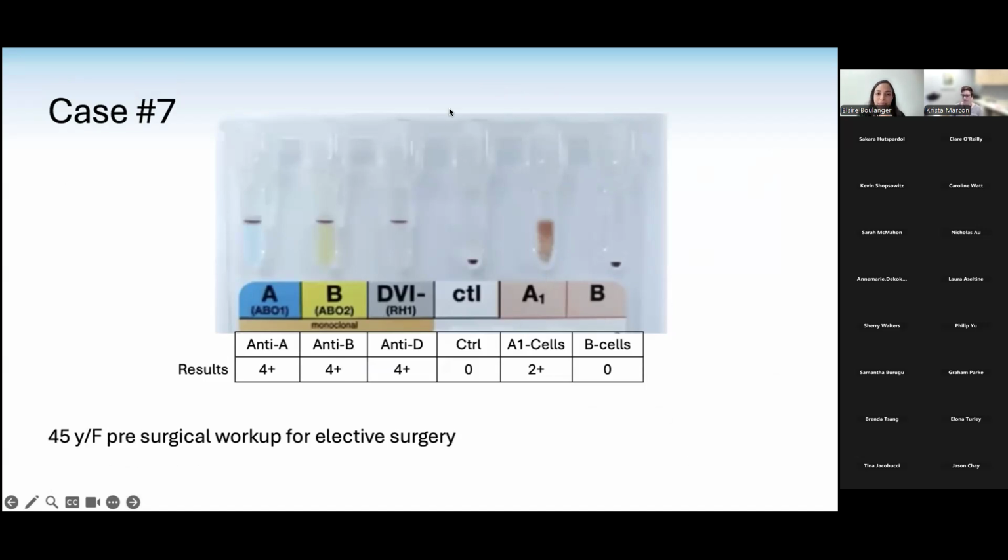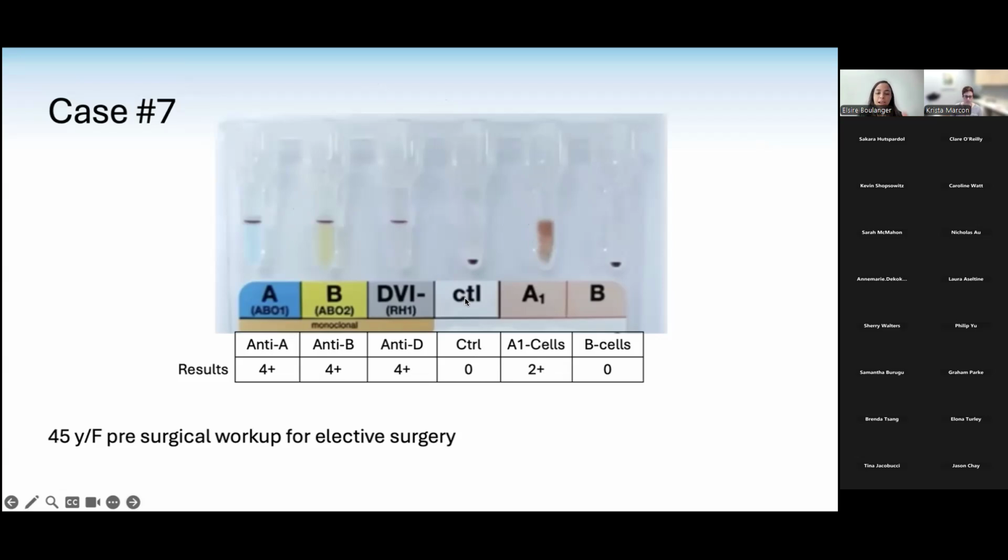Some people believe this could be A positive. But if this is A positive, why am I having the B reaction with the forward typing? Why am I having the A1 here? This just doesn't make sense.